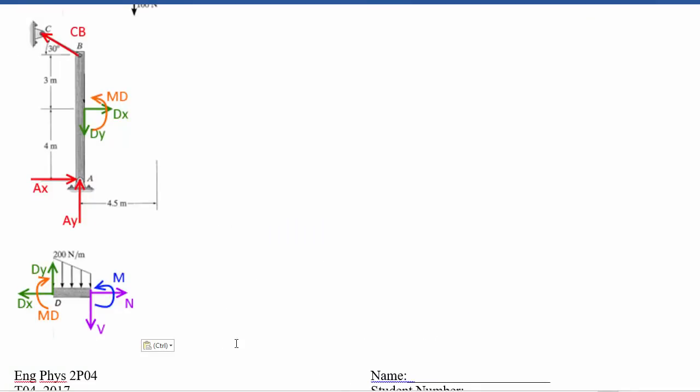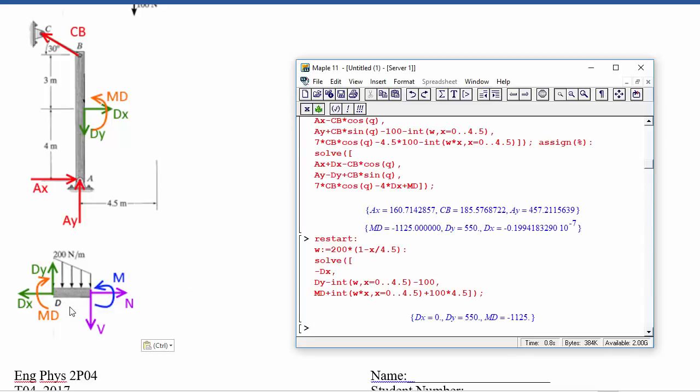So from this picture, now that we've gone and figured out what dx, dy, and md are, we can say that this little piece, a distance x across, is itself in equilibrium. Assign this solution that we just got for dx, dy, and md, and now set up the equilibrium of this part.